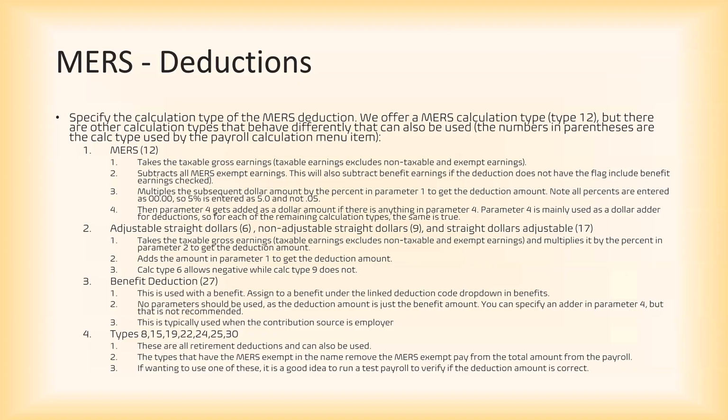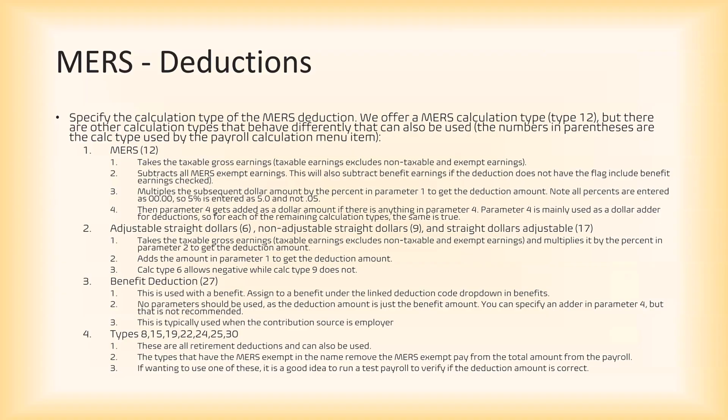So if you have pay codes that have MERS exempt earnings, you may want to not use 6, 9, or 17. It adds the amount in parameter 1 to get the deduction amount, which technically, yes, they do have param 4 as well, but that is an adder. Again, that's only supposed to be used for like a one-time adjustment.